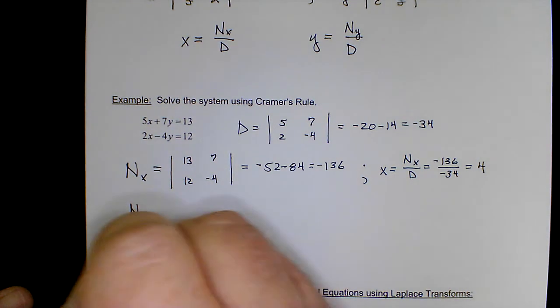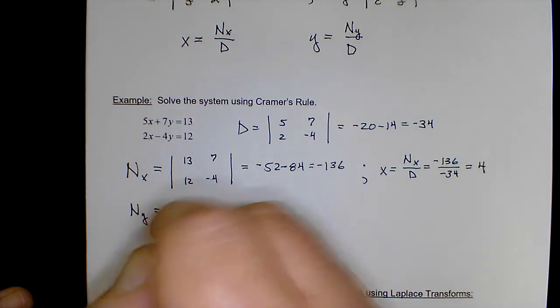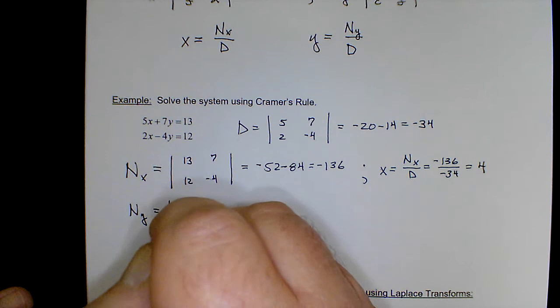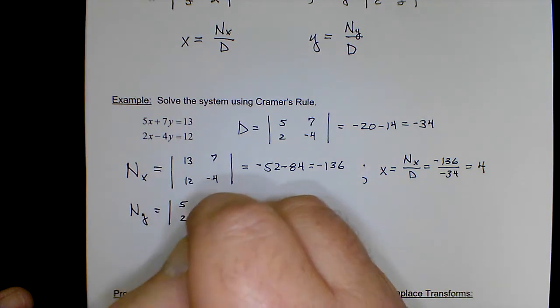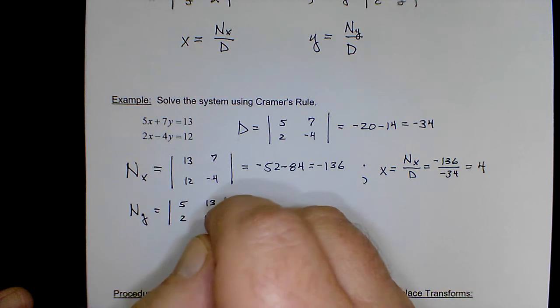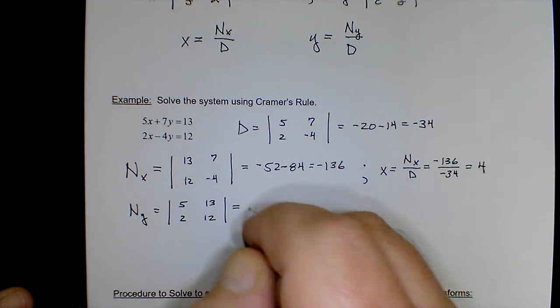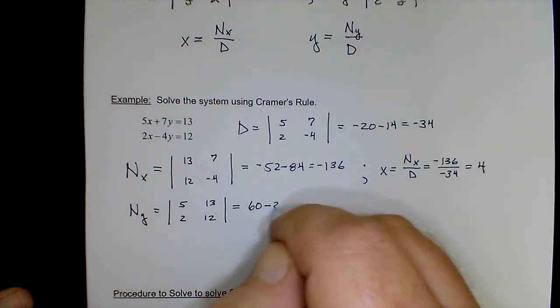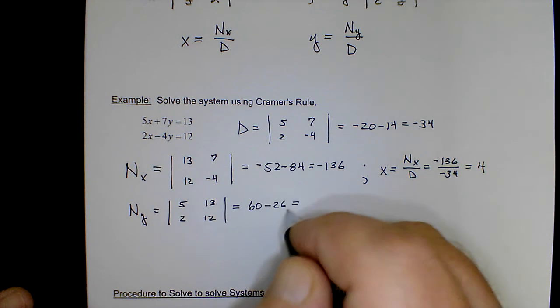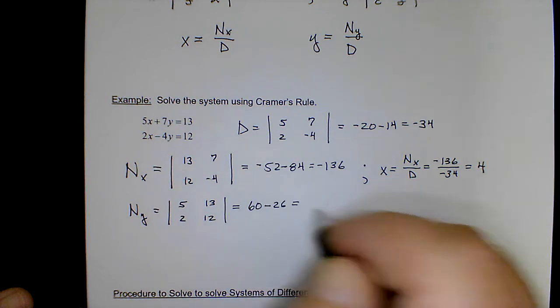And then we'll do this for y as well. Now we leave the x's alone, and we replace the y's by the solutions, and calculate the determinant. We get 60 minus 26, which is 34.